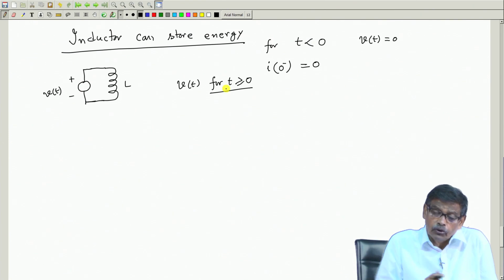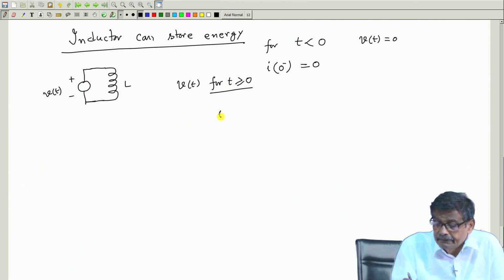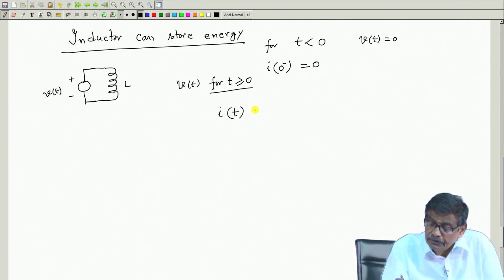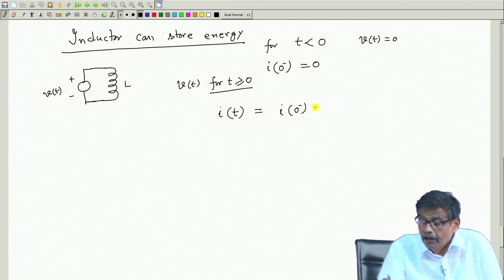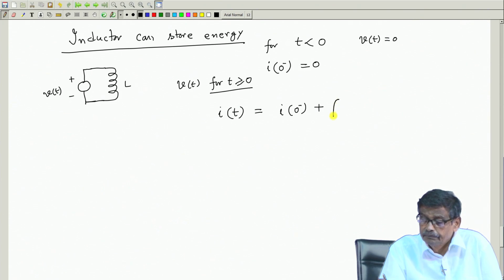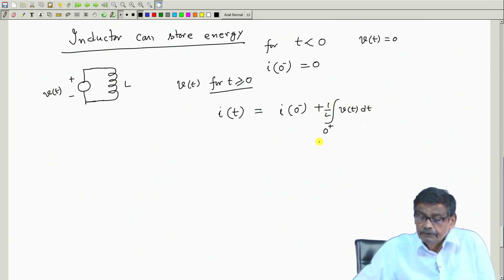So, the current through the inductor at any time t, for t greater than or equal to 0, will be equal to I(0-) plus the integral from 0- to 0+, which will be 0, then from 0+ to t of v(t) dt by 1 by L. This will be the applied voltage across the inductor.